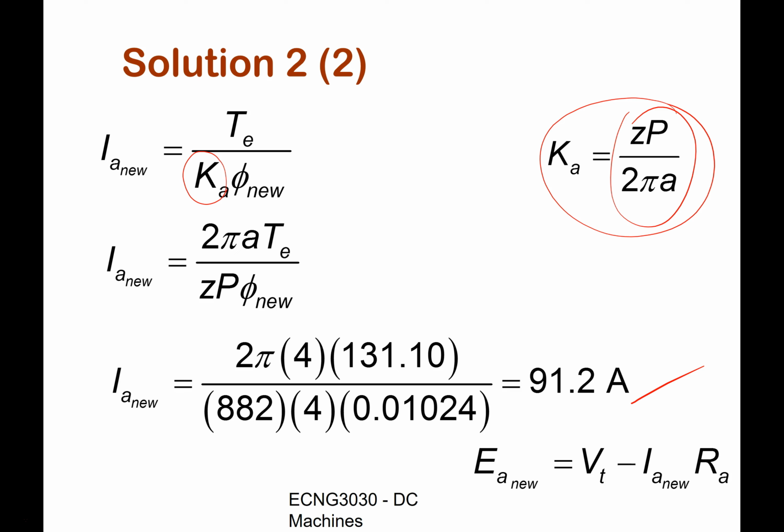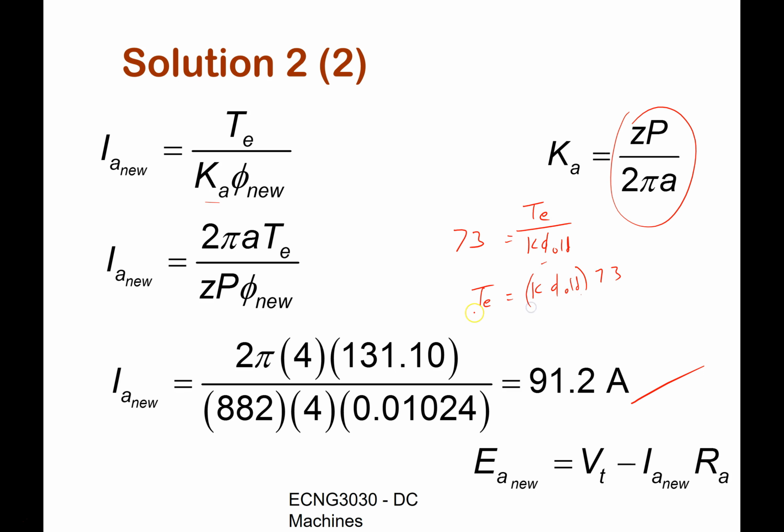Of course, what I could also do is use the old values to find what Ka is. So for example, I know IA old was 73 amps, which was equal to TE, which remained the same, over K phi old. Now I know K phi new is 0.8 times K phi old. TE remains the same.